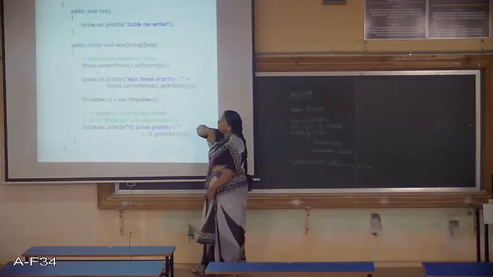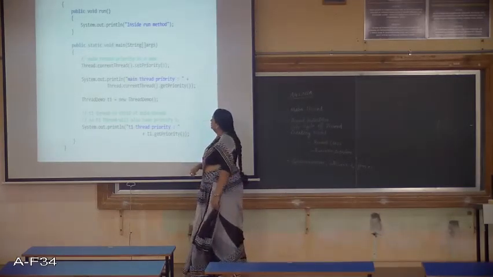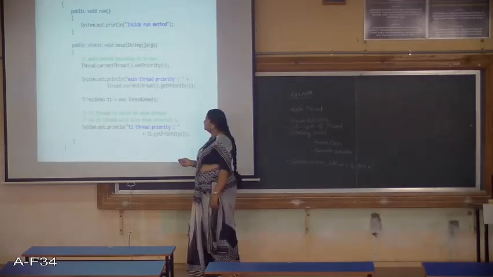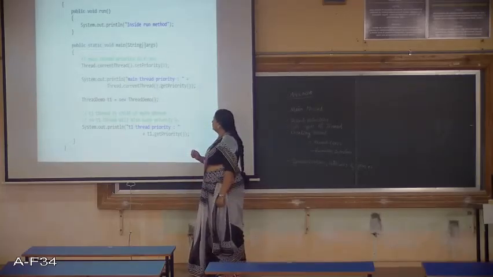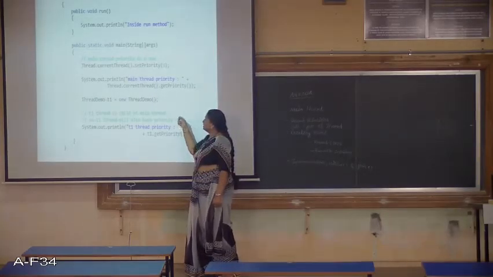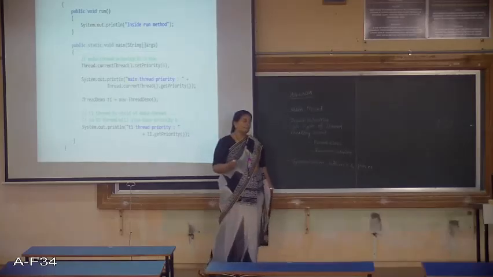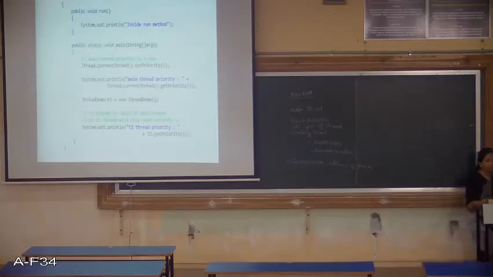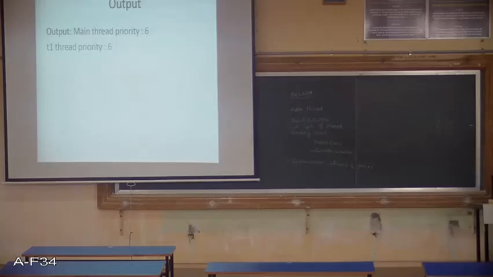Otherwise by default it will have 5. And because of that the T1 thread is also going to have the priority as 6, because T1 is the child of the main thread, right? So let's look at the output of this. In the output, you can observe that the main thread priority is 6 and also the T1 thread priority is 6.